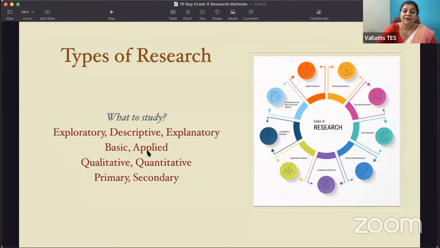Okay, then we have primary and secondary research. Will you please read extra on all these terms? Because without your original reading, research methods can be pretty confusing. If you just do questions, it can be very confusing. In order to understand deeply, you have to read.